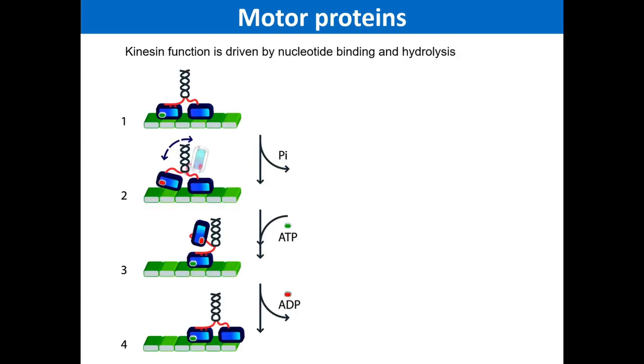And here you see basically another representation of what I just said. We do have ATP in green, and then one phosphate will be hydrolyzed, so it will detach, move forward, more ATP will attach, and then ADP will be released, and the head will attach again.